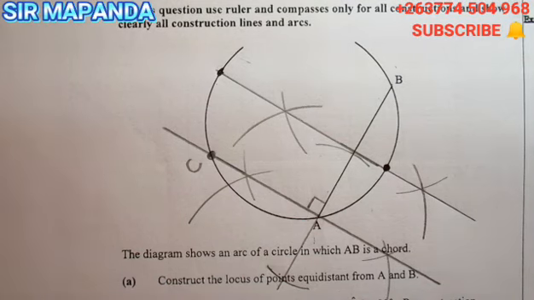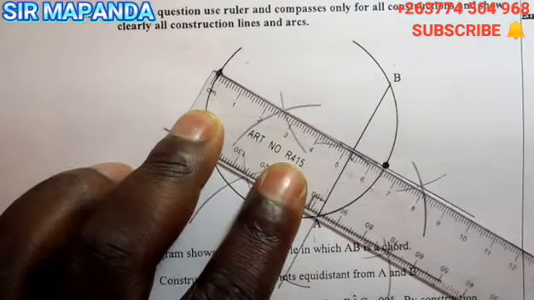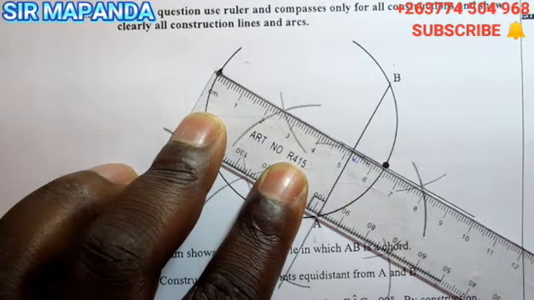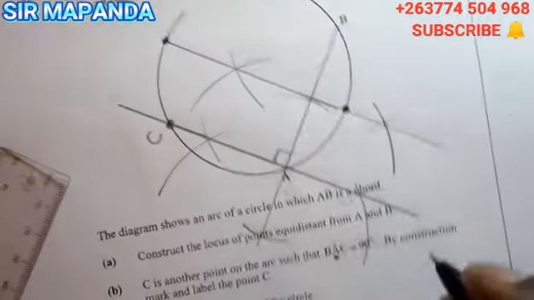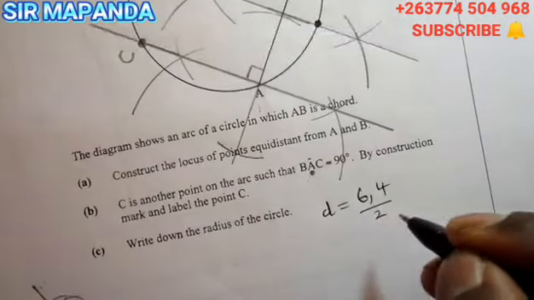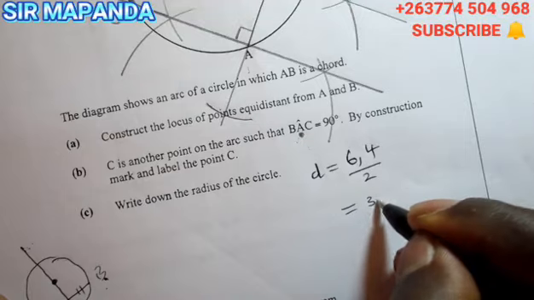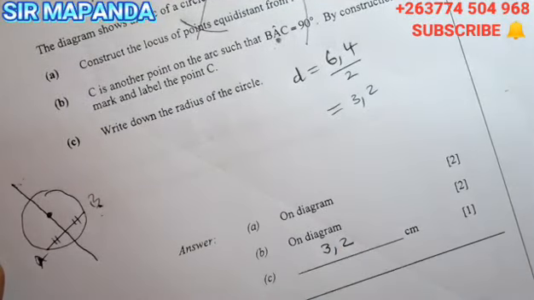I hope you are following, class. So let us measure that distance. You get 6,4. Right. So if diameter is equal to 6,4, it means I'm going to divide 6,4 by 2. You get 3,2. Therefore, the radius is 3,2. Then you are home and dry.